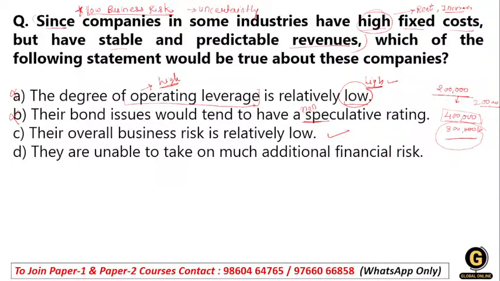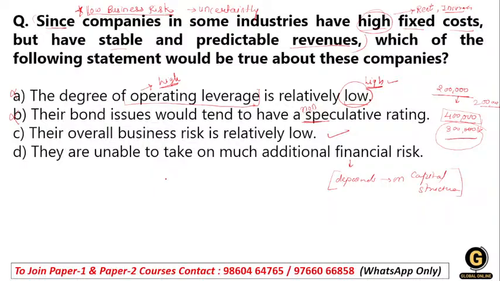Actually this is not true, because the ability to take on additional financial risk depends on the capital structure and the nature of their revenue, not just on their high fixed cost.